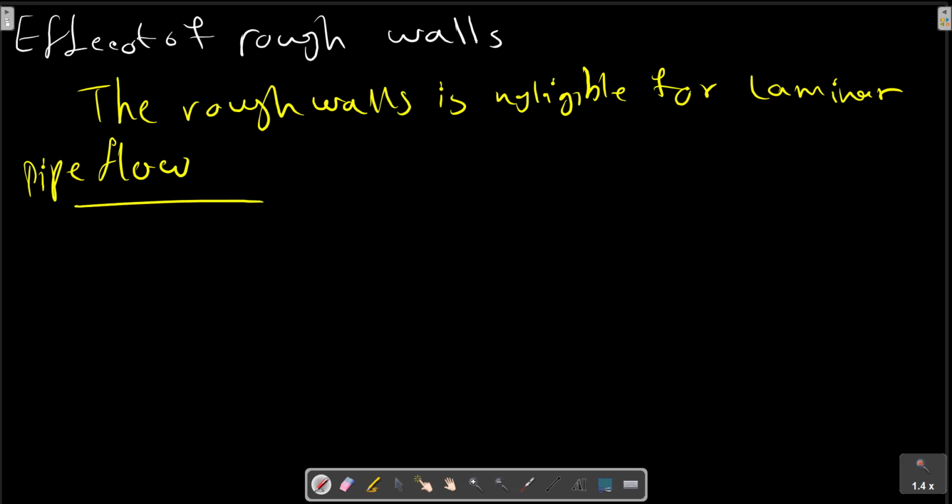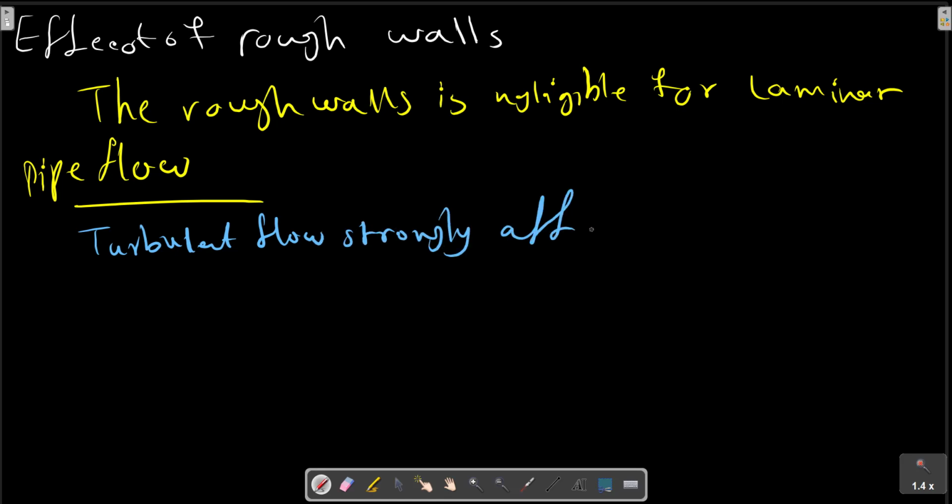For turbulent flow, strongly affected by roughness. Consider this picture.